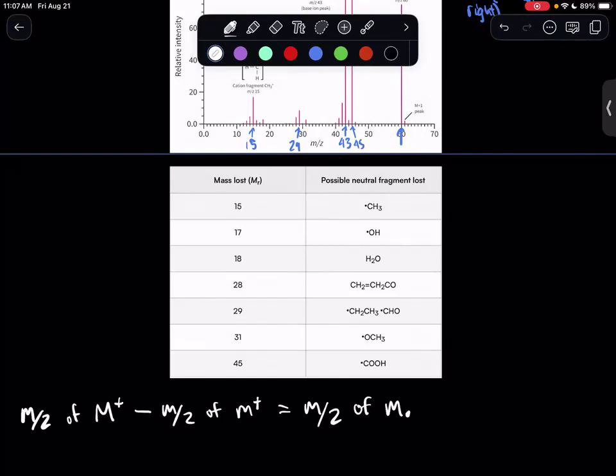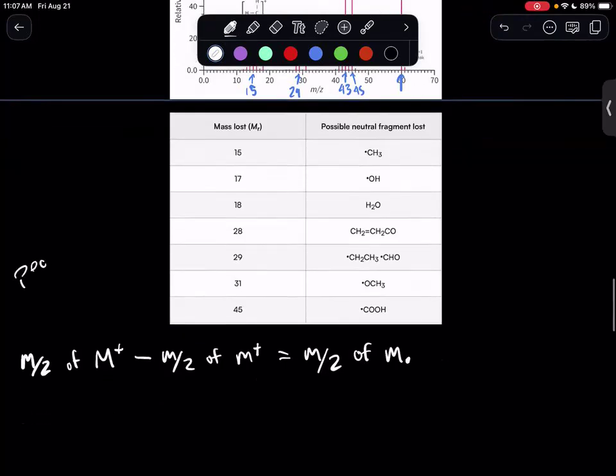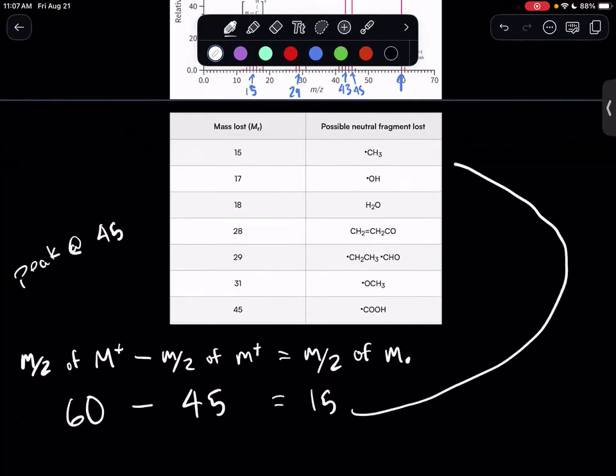So if we're looking at our peak at 45, our original mass is 60, minus our mass of our positive fragment, which is 45, gives us 15. Therefore, our neutral fragment here is probably CH3.